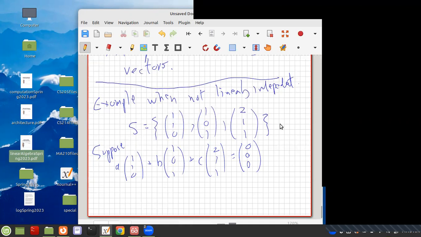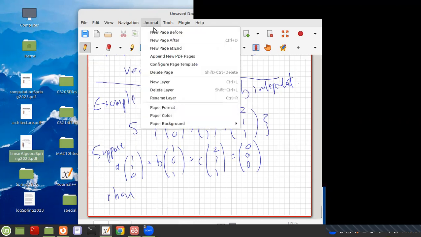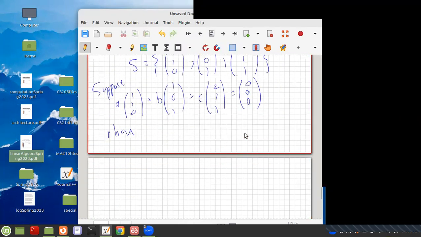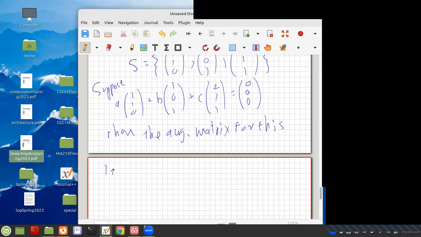Then we can immediately write down the augmented matrix for this linear system.